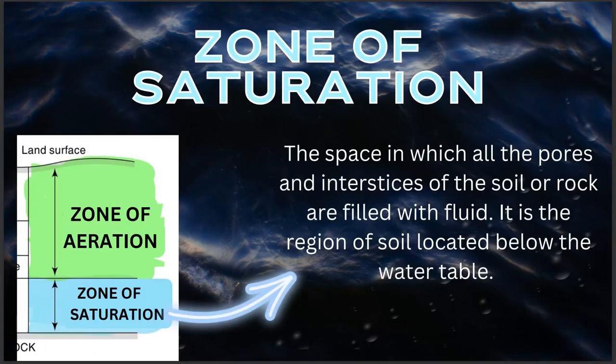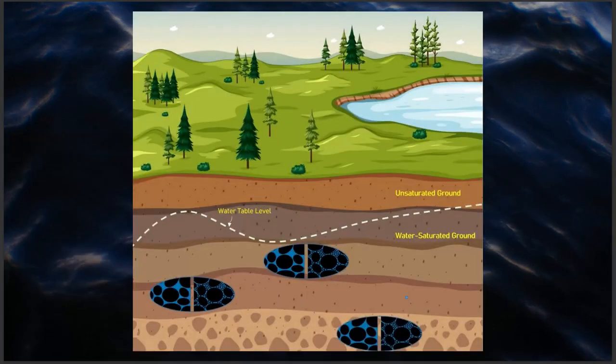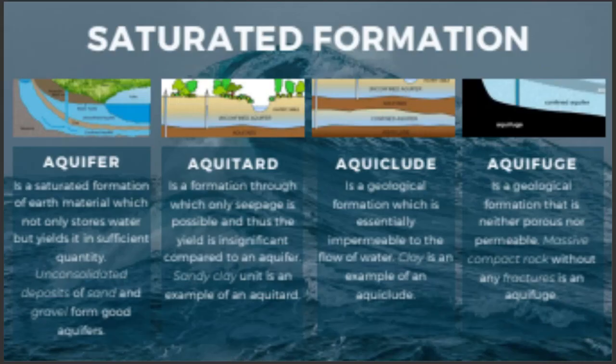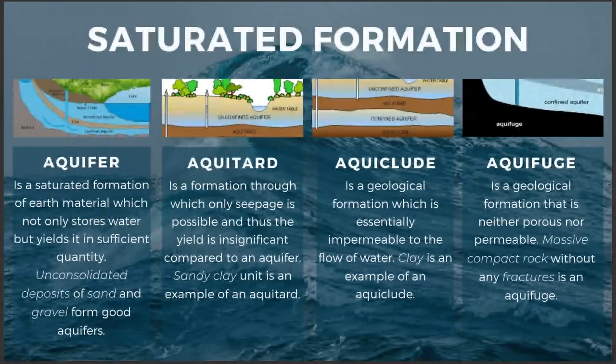And then zone of saturation, so lahat ng voids is filled with fluid. So those are called aquifers, no? Yung zones kung saan puno ng fluid. So meron din tayong tinatawag na mga saturated formations.